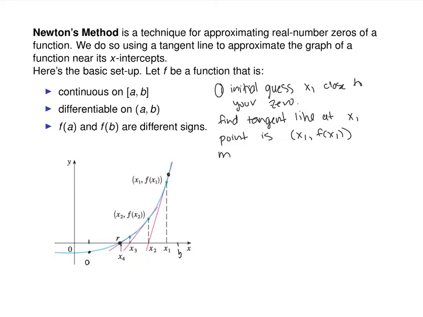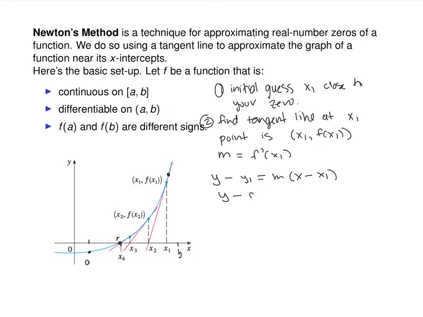What's the slope of that line? How would you find the slope of the tangent line at x1? Derivative, and what would you plug in for x? x1. Okay. So that tangent line is going to be y minus y1 equals m times x minus x1.